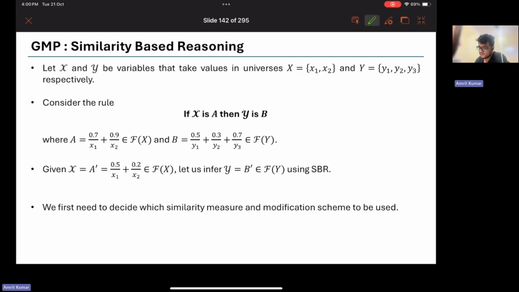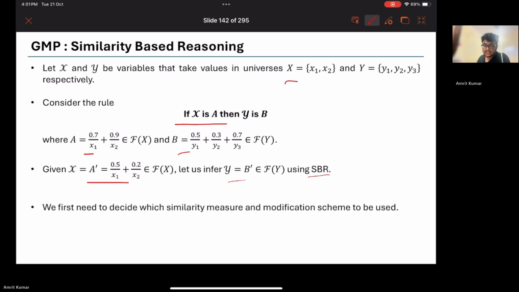Now let us solve a problem. We have variables x and y. We have fuzzy sets A and B. This is our fuzzy if-then rule, and we are given a fuzzy set A dash over universe X, and we are required to infer the output fuzzy set B dash using similarity-based reasoning, or SBR in short.